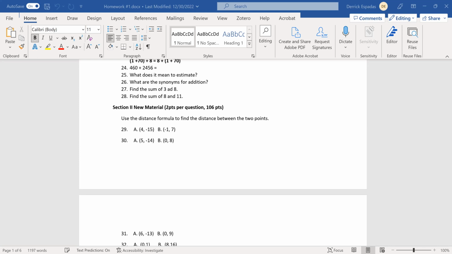Right, x2 minus x1 is going to be 0 minus 3. And then 0 minus 3 is just going to be -3. And then y2, 6 minus y1, 4. Well, 6 minus 4 is 2.